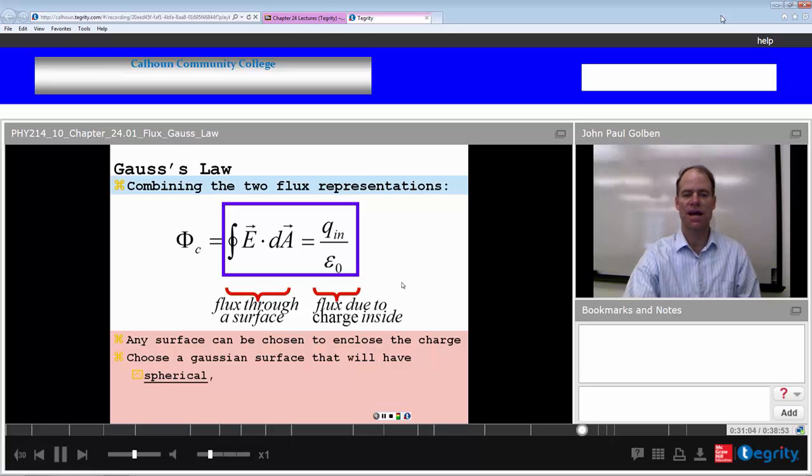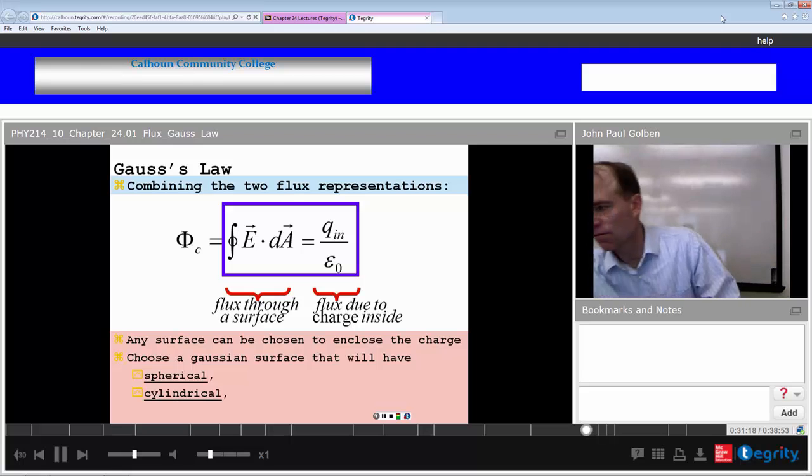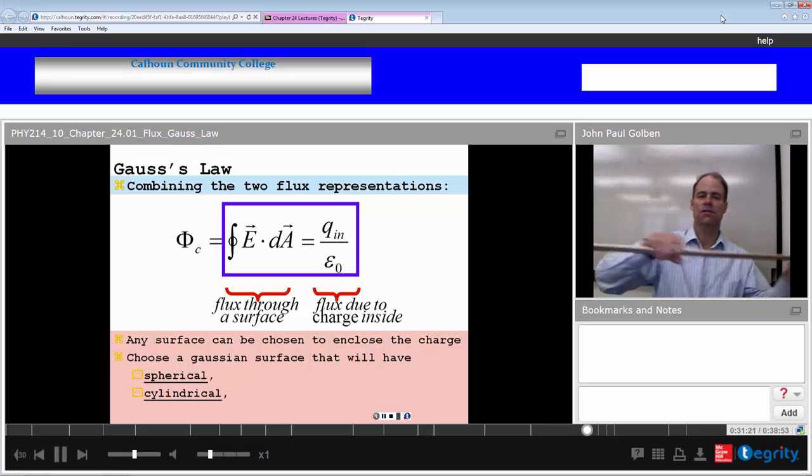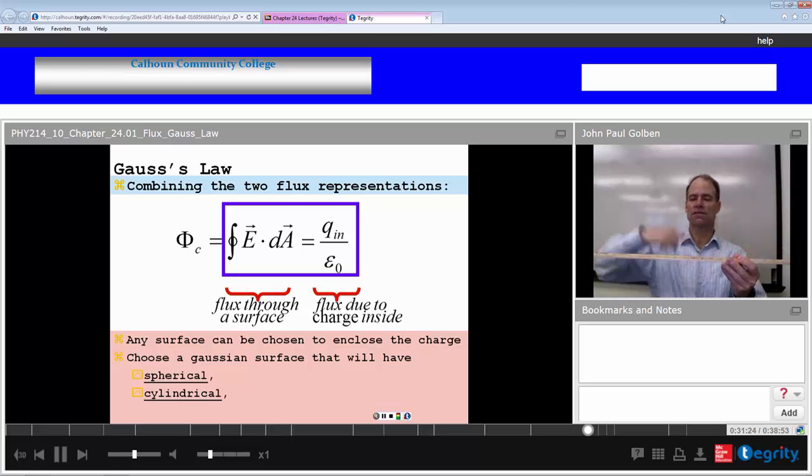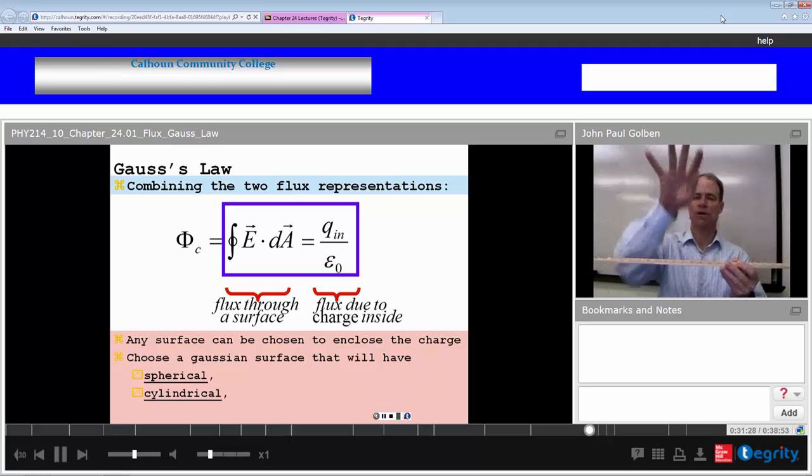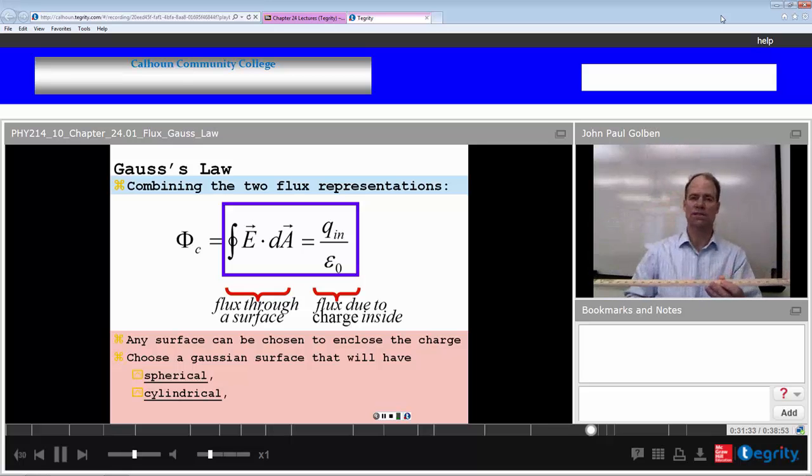So we'll choose a Gaussian surface that has spherical symmetry if the lines are radially outward or have spherical symmetry themselves. We'll choose a Gaussian surface that has cylindrical symmetry, for instance, if we had a line of charge, like this ruler, then we might choose a Gaussian surface that is a cylinder around this ruler, because the E field would be going radially outward through the surface of that cylinder, and it would be constant on that surface.